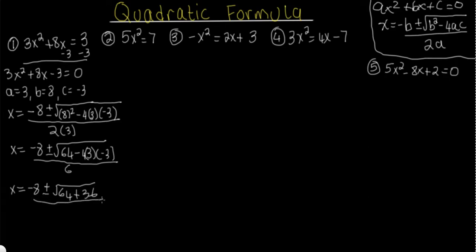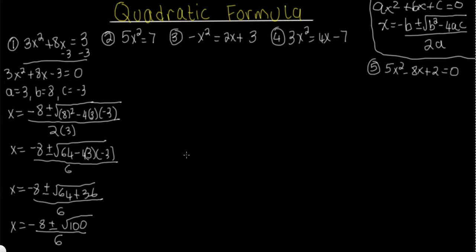Still, all of this is over 6. Now I'm going to add 64 and 36. So I have x equals negative 8 plus or minus the square root of 64 plus 36, which is 100. This is all over 6.